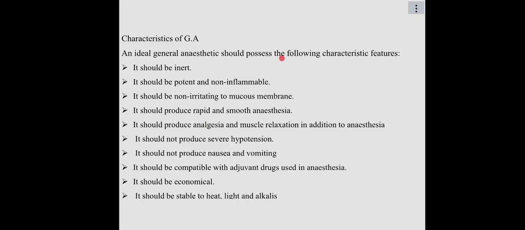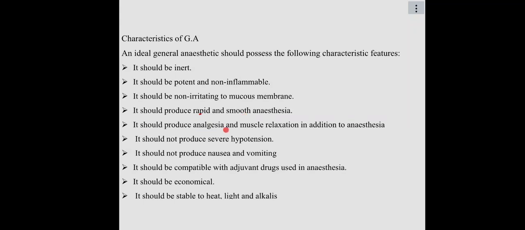So, characteristics of a good general anesthetic. Again, I do believe you do a lot of this in pharmacology. A general anesthetic should possess the following characteristic features. It should be inert, it should be potent and non-inflammable, it should be non-irritating to mucous membrane, it should produce rapid and smooth anesthesia, rapid, smooth, very important.